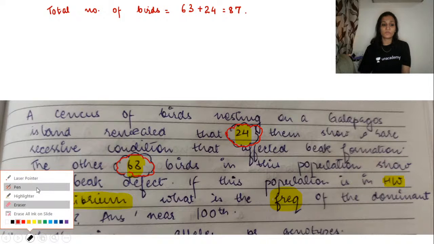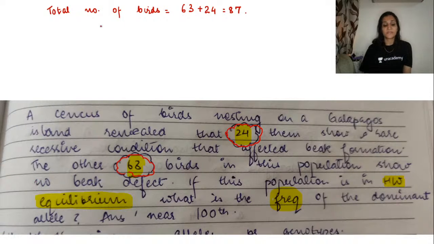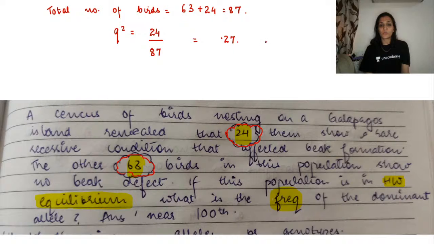Now we calculate. The recessive genotype is given, and for recessive q square is equal to 24 divided by 87. What you are going to get from this is 0.27. Then if q square is 0.27, what is q? That is 0.52, right?